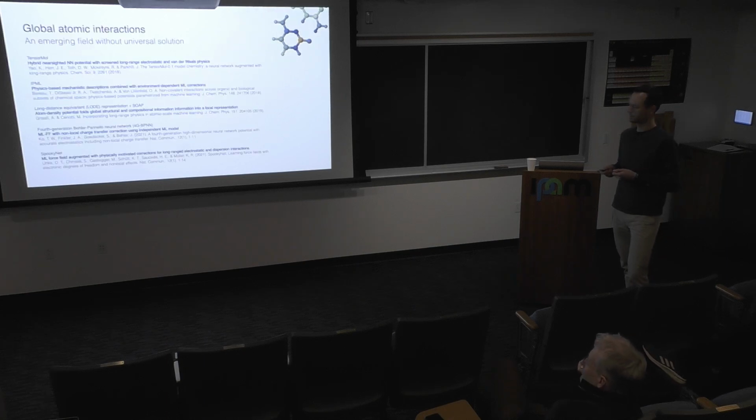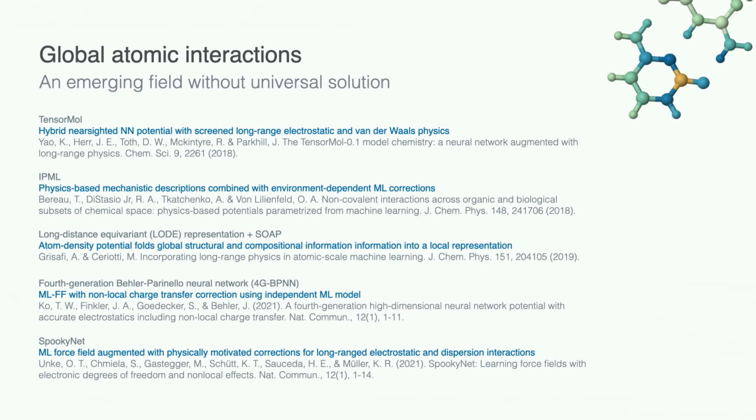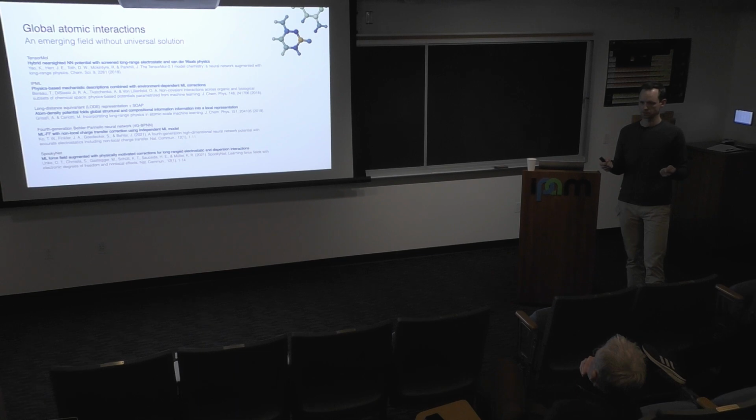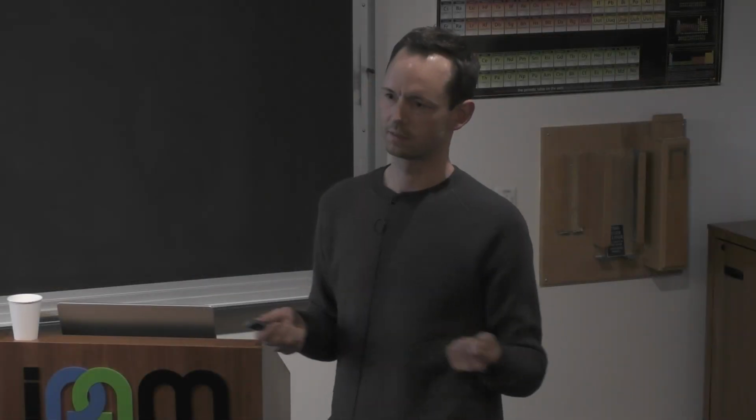And this is very much a problem that has also been identified by other people. This is an emerging field without a good universal solution yet. So mostly the approach is to take well-established local models and then combine them with a global correction. But obviously it's unclear how to really model this decomposition, because interaction scales cannot be decomposed like that.